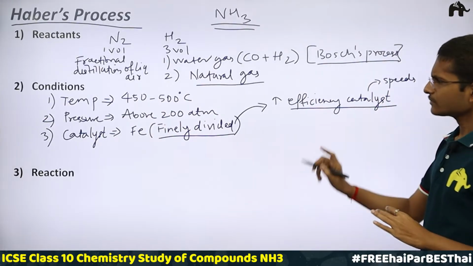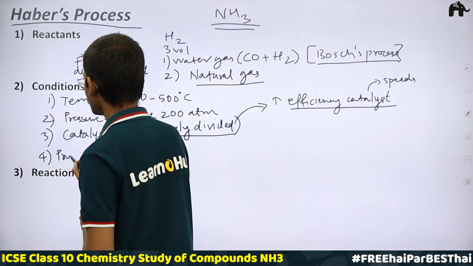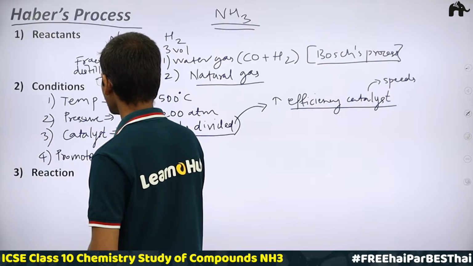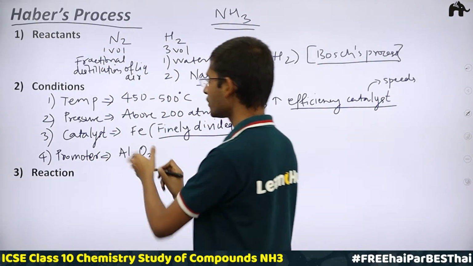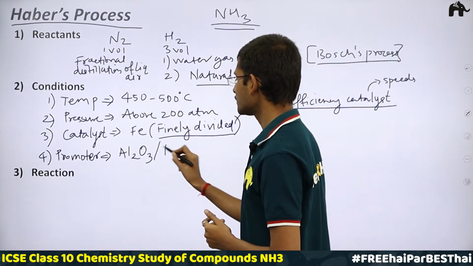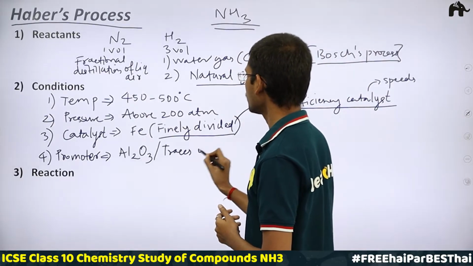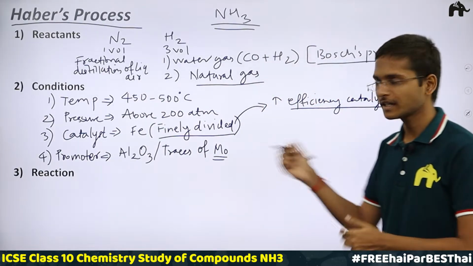Very simple. Now along with the catalyst we also use a promoter here. As promoter we use alumina, aluminium oxide, or we can use traces of molybdenum. You would have heard somewhere, molybdenum is an element, right?